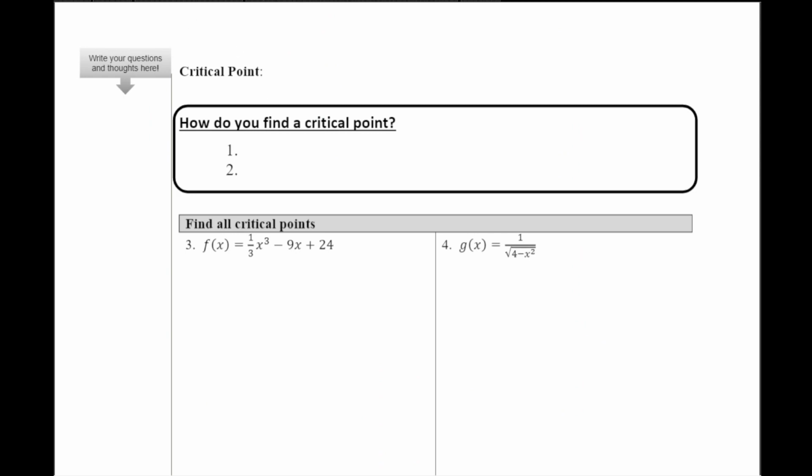So a critical point. A critical point is a point that has a possibility of being an extrema, which is a max or min.